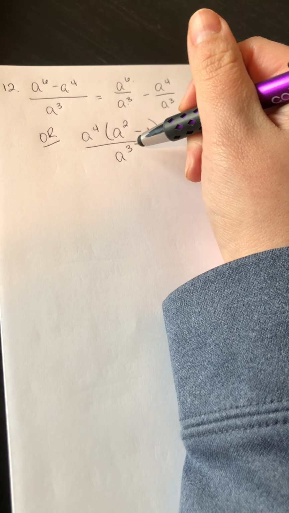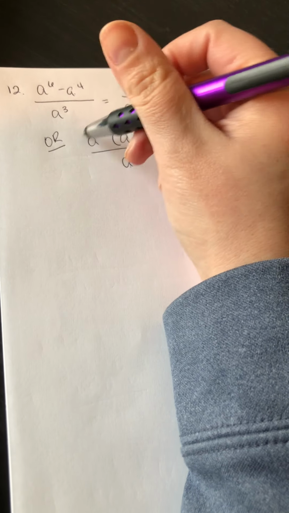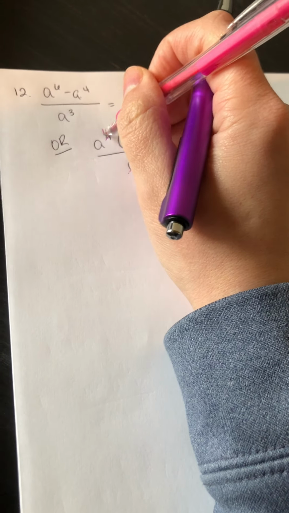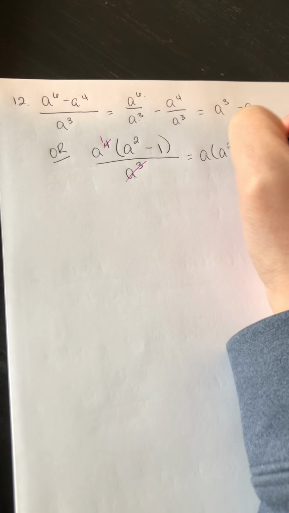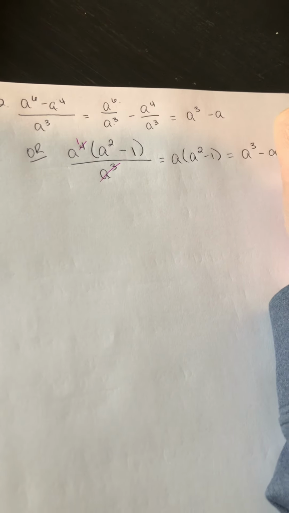Well, what is a cubed? A to the fourth divided by a cubed, because now, since this is a product, I can cancel. So a cubed's gone. 4 minus 3 is 1, so I have a times a squared minus 1, which is the same thing if I distribute the a, is a cubed minus a.